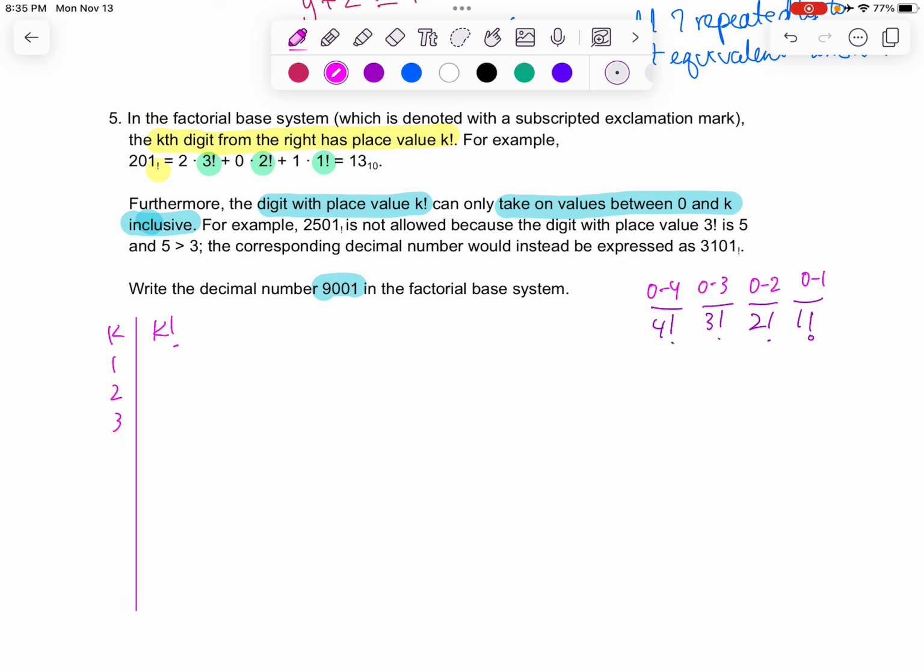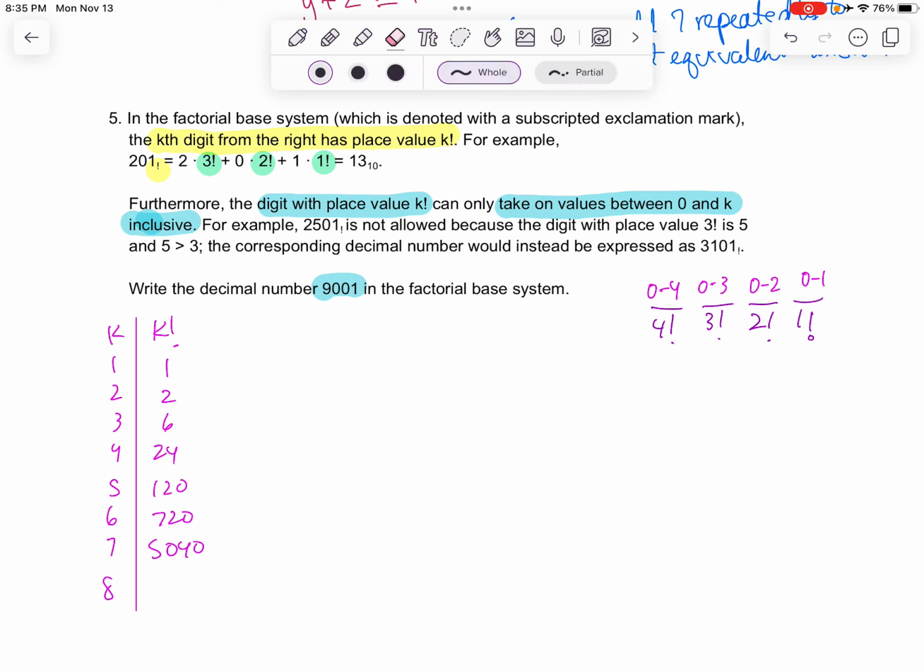You might not be sure how far we're going to have to go. Basically, we're looking for the largest factorial that can go into 9001 without going over. So our factorials are going to be 1, 2, 6, 24, 120, 720, 5040, and it looks like we can't go any further because that would go over. So 7 is our greatest.